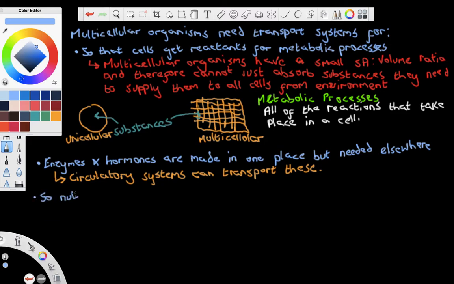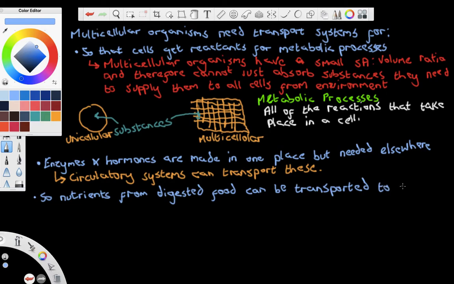So nutrients from digested food can be transported to cells. If you don't have that, they would just stay in the small intestine, never to be used by any other cell.